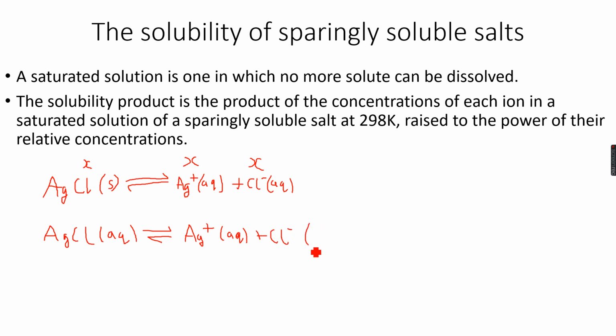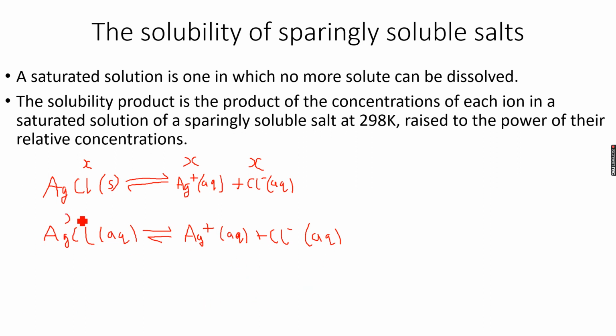Now it is saturated because if I add more AgCl, it will not dissolve, because when it is saturated, it is the highest amount. So AgCl beyond this will not dissolve.